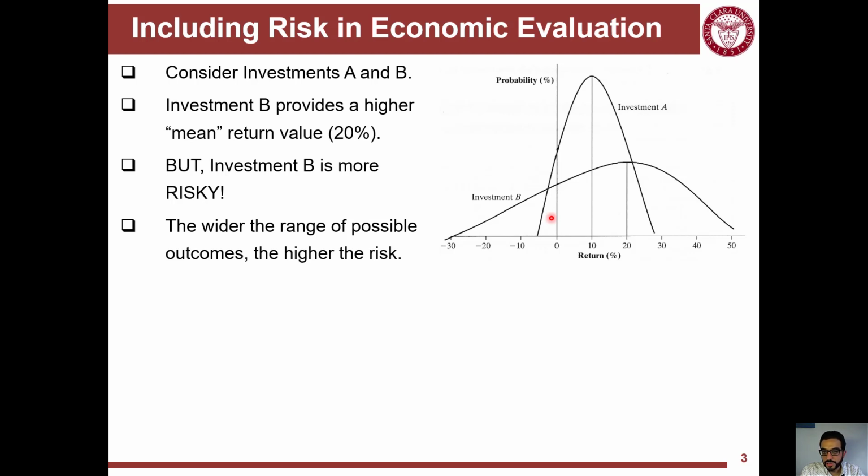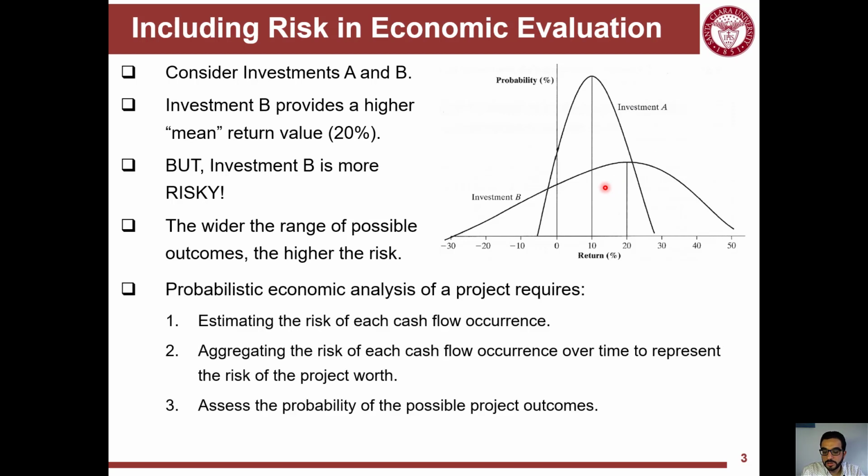To pick which alternative, you will analyze both investments using probabilistic economic analysis. The first thing you need to do is estimate the risk of each cash flow occurrence in the life of that investment or project.